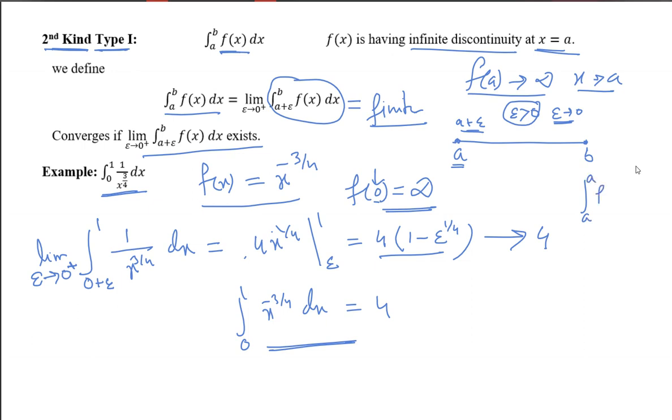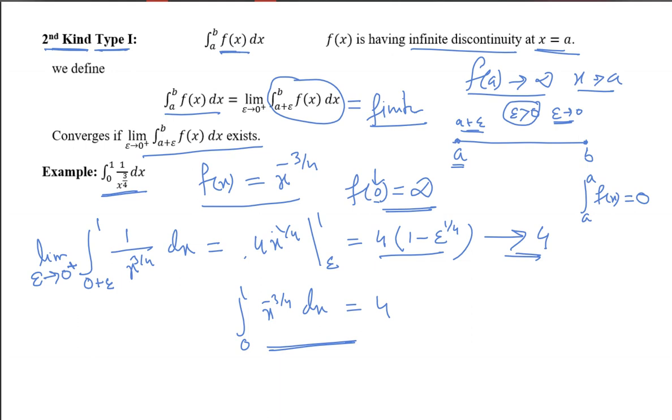If I ask you what the integration a to a f of x dx will be, this value will always be 0, for any function. So if you include this point or exclude this point, it does not hamper the integration value. That's why we are skipping this point 0. And how are we skipping? We are just taking a value very close to 0, that is epsilon, which is tending to 0. That's why this limit tends to 0.